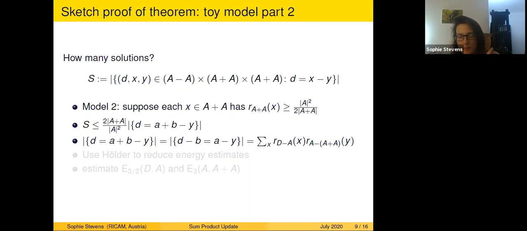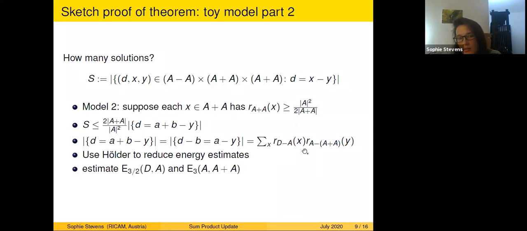All right, so we've got a sum over a product of two complicated expressions, which we don't really understand combined, but maybe we would understand them if they were separated, which means that this is a perfect candidate for an application of the Holder inequality. So we'll separate out these two terms, and we'll use a third Holder inequality, which is going to give us the 3/2 energy of this first term, and then we'll have a third energy on the second term.